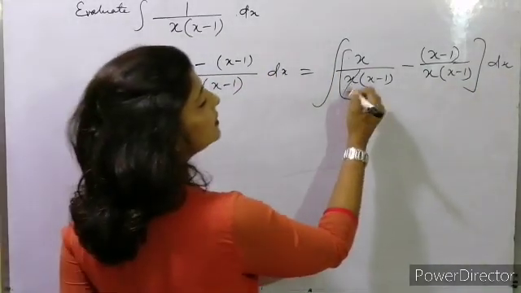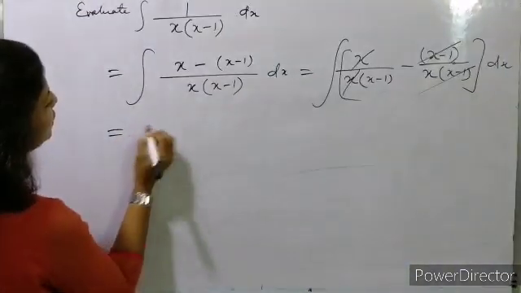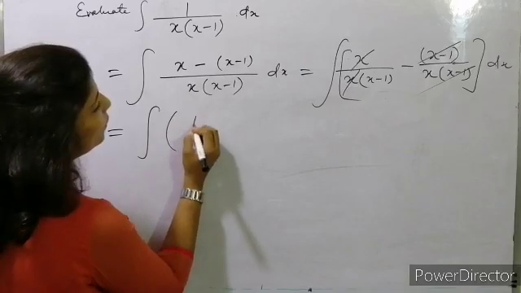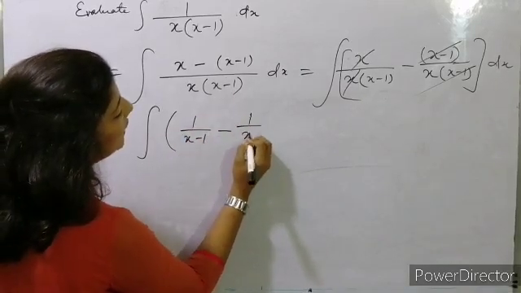After doing this, x cancels and x minus 1 cancels. So it becomes 1 upon x minus 1 minus 1 upon x.